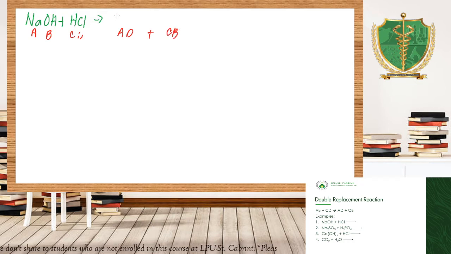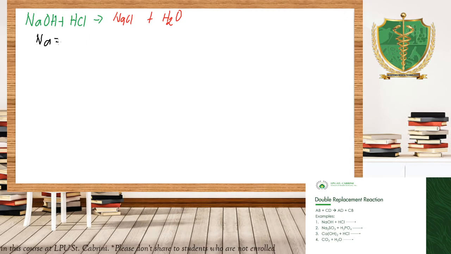Okay, ano yung A? Sodium. Ano yung D? Chlorine. Ano yung C? Hydrogen. Ano yung B? OH. Edi H2O. Okay? So, sodium hydroxide plus HCl will give us sodium chloride and water. Balance? Let's see. Ilang sodium? 1.